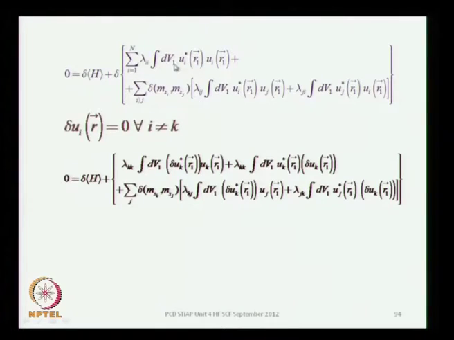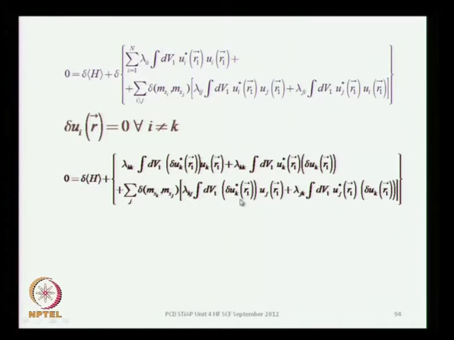So, this is coming from the variation of delta u k star r 1, and this is coming from the variation in delta u k, which is the complex conjugate. So, there are two terms coming from here from the variation of this. This is the product of two functions, right, and you must seek variation in both. Then from the Coulomb and the exchange terms, likewise you have only the variations in the kth orbital.